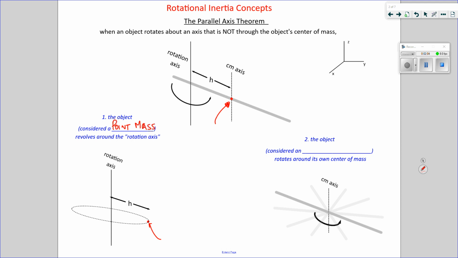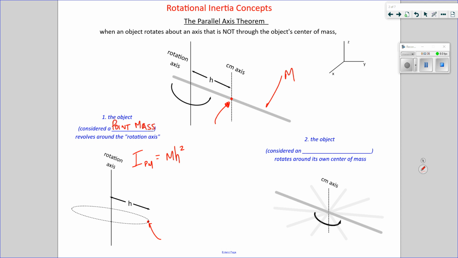So there's a point mass rotational inertia of mh squared, assuming this rod has mass m. A point mass's general rotational inertia is mr squared, where r is the distance from the object to the axis around which it rotates.